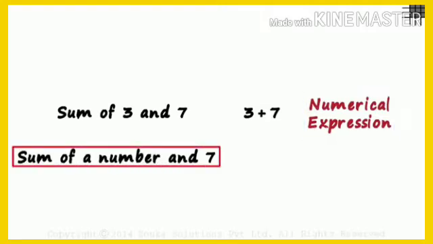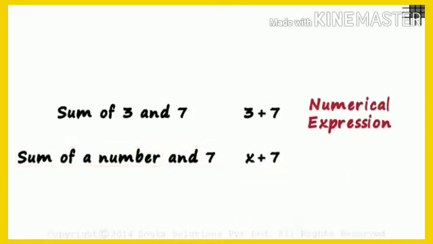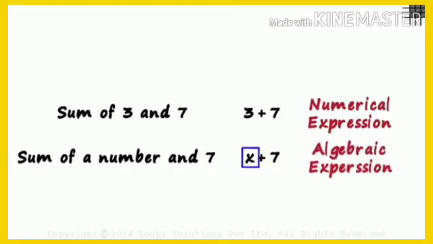Now see this. Sum of a number and 7. How will you write this? For a number, we can take a variable. We don't know what the number is. So x plus 7. So what is x? It is a variable and 7 is a number. So x plus 7 has a variable, so it is an algebraic expression. So x plus 7 is an algebraic expression and 3 plus 7 is a numerical expression.